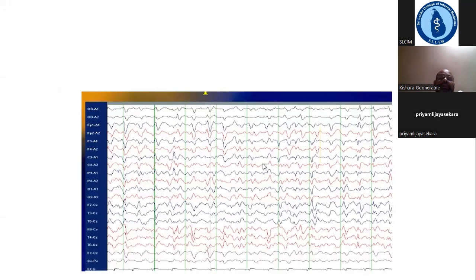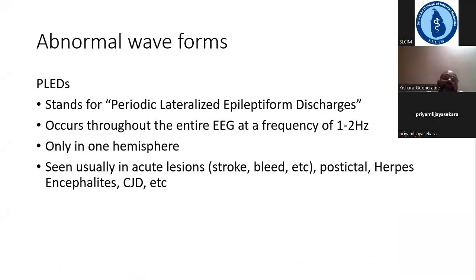So this is the typical morphology that you will see in triphasic waves, and it may signify that this patient is in a moderate level of encephalopathy, maybe a metabolic encephalopathy, but it is not specific to liver pathology, which I think most people might be erroneously aware of.